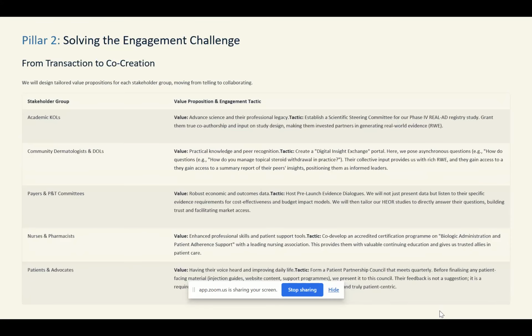So again, we discussed what should be the nature of these engagements. Many a time, whenever you have an opportunity for engagement, it often becomes very transactional. Suppose you have a number of speaker programs planned.